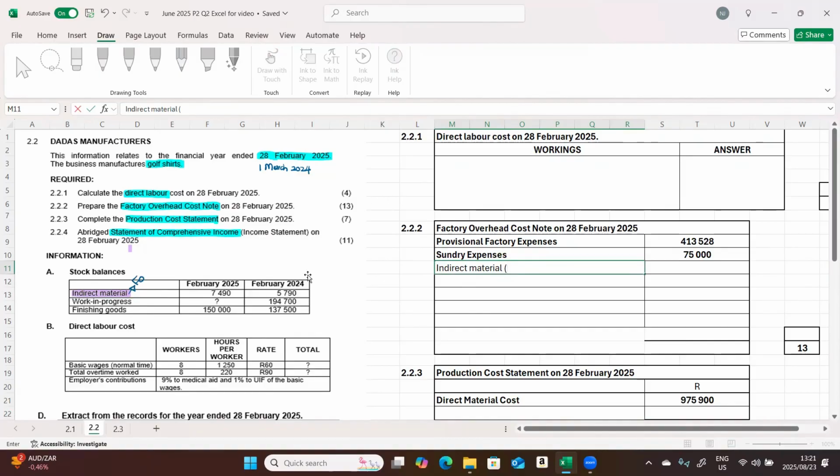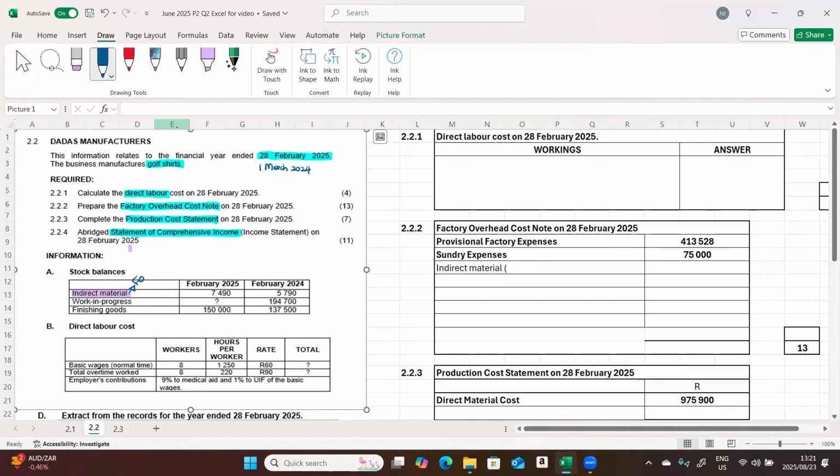We need to see what our opening balances are. The opening balance is obviously 2024, and this is your closing balance.